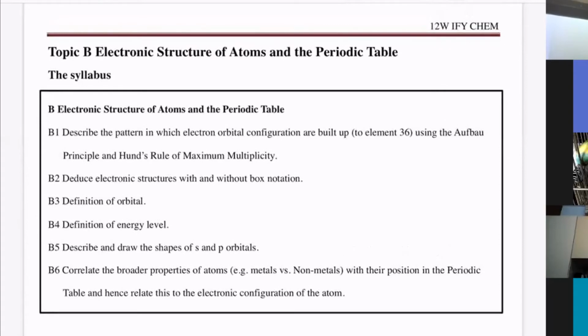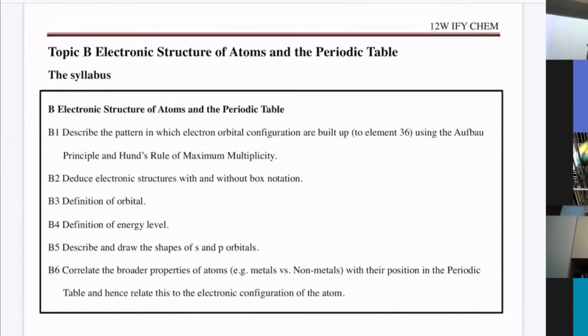Okay, so next we're going to move on to topic B: electronic structure of an atom and the properties of different atoms on the periodic table. We're going to look at an atom in detail and build upon what you learned in grade 9.